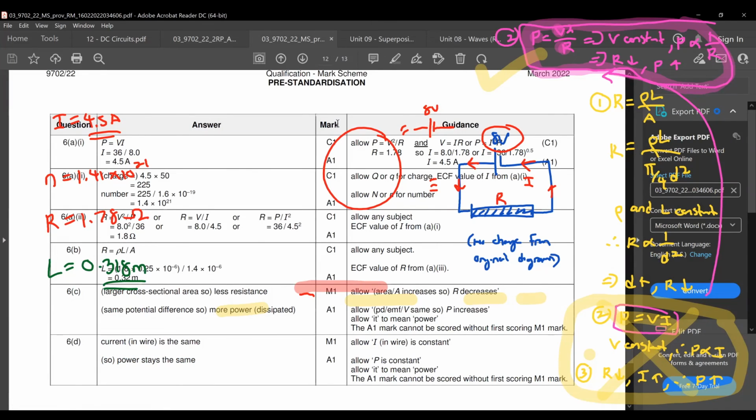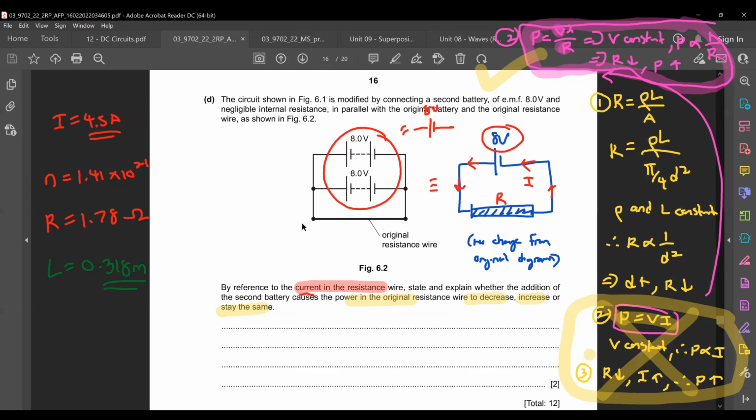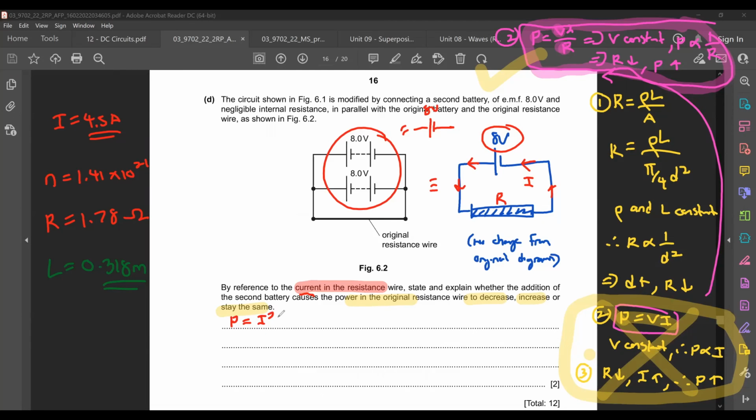Because in my case, let me just rewrite this properly for you. P equals I squared R, right? Or P equals VI. I think I better just use P equals VI.